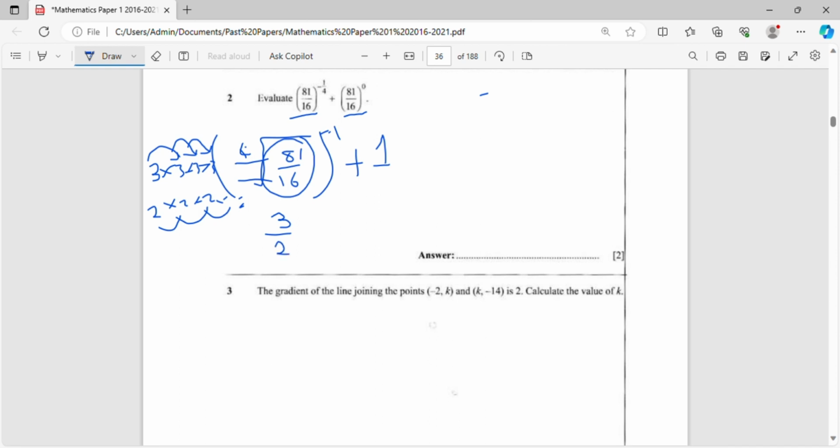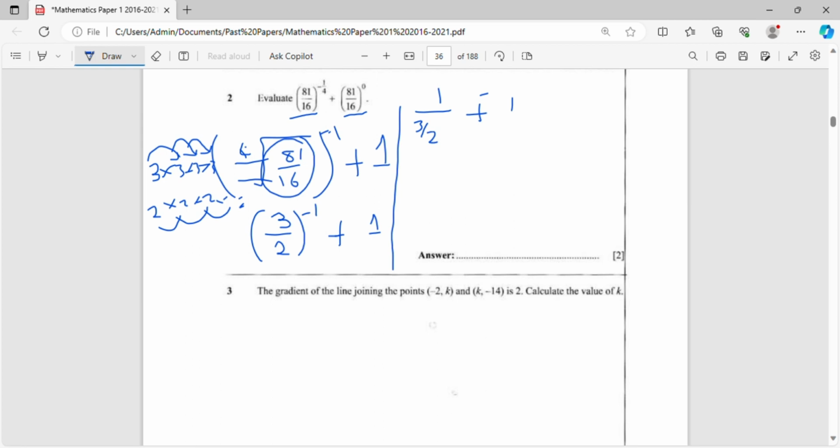So 3 over 2, and it's still to the power negative 1, plus 1. To get rid of a negative in the power, we just do 1 over. So 1 over 3 over 2, plus 1.